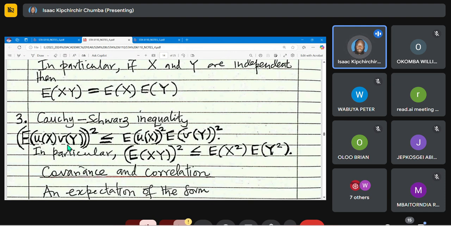This is called the Cauchy-Schwarz inequality.